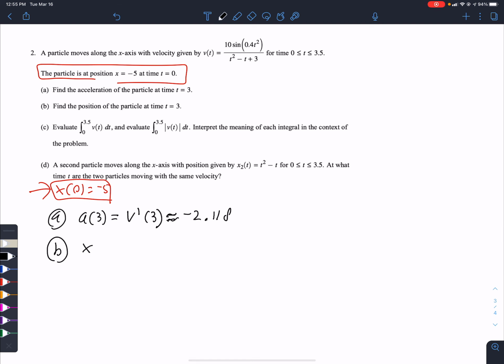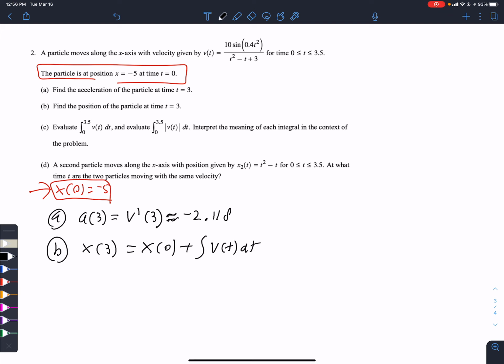So we want the position at 3. Well, you have to take the starting position. Look at that. We know the starting position. That's x sub 0. We need to know how much the position changed. Remember, when you integrate velocity, it gives you the change in position.